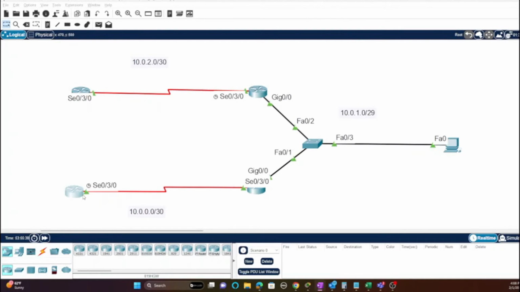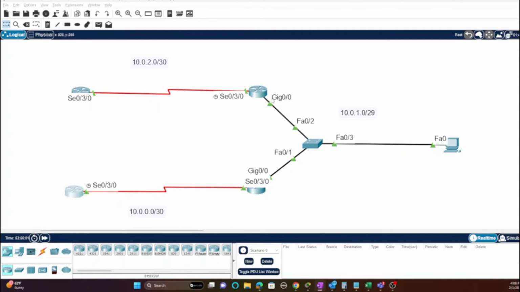With these serial connections, by default, the network types are point-to-point. When I say point-to-point network, that means there's no other router but you on this network. It's just one-on-one. Now, this network type here is on gig 0/0.